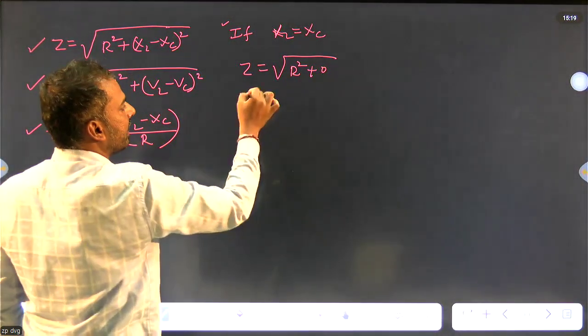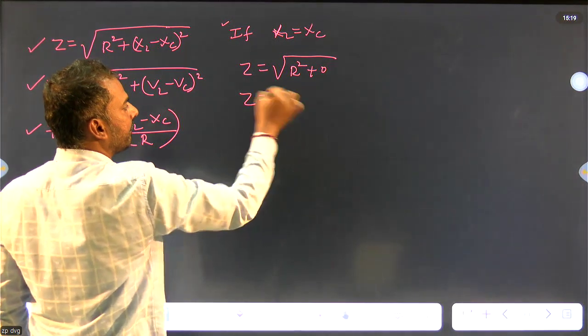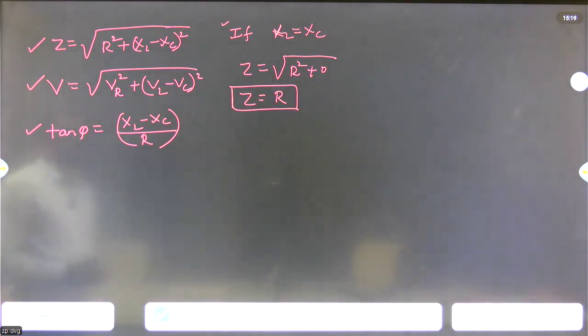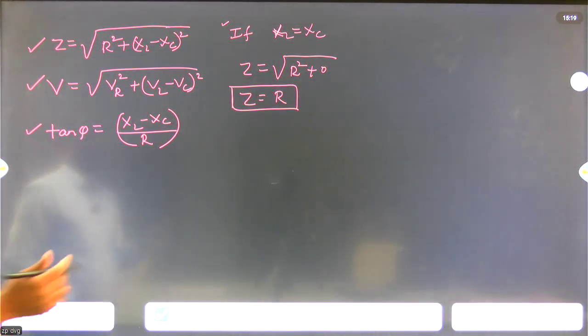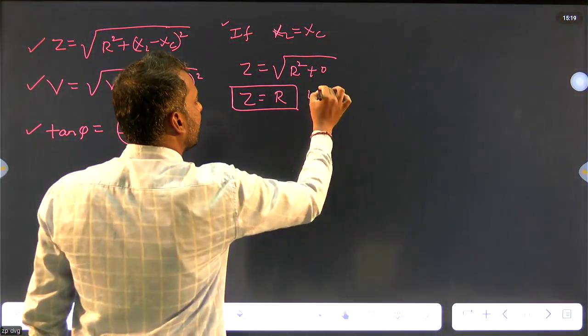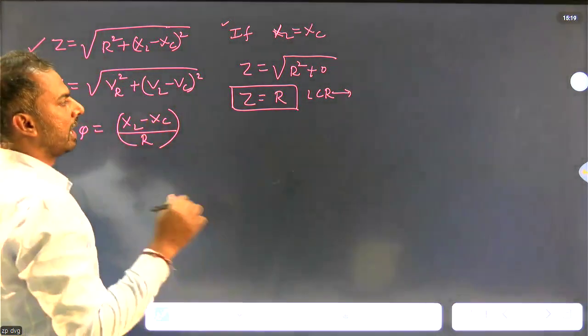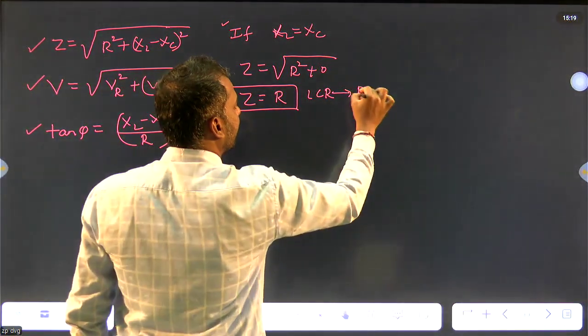This implies Z is equal to R. If XL is equal to XC, the impedance is equal to the resistance of the circuit. The series LCR circuit becomes a resistive circuit.